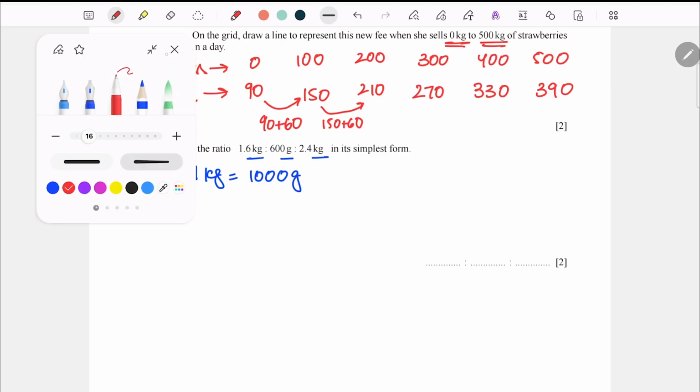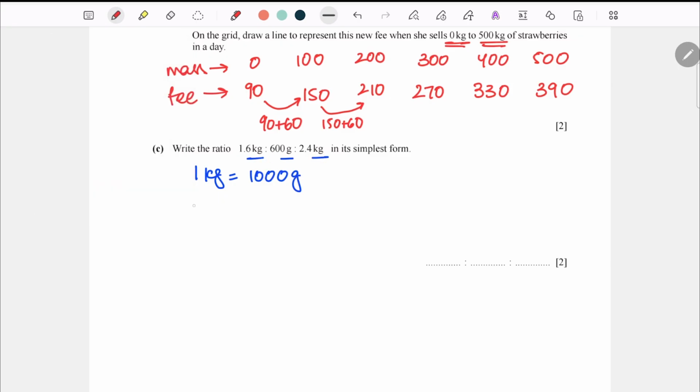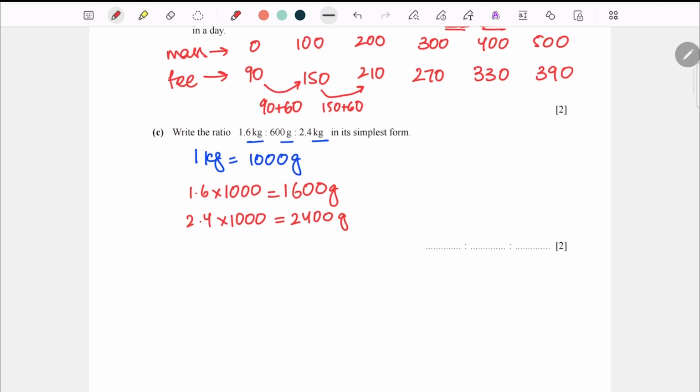So when I convert 1.6 kg into grams, I'll be doing 1.6 multiplied by 1000, and this is equal to 1600 grams. Same with 2.4. 2.4 kg times 1000 is equal to 2400 grams. So the final ratio will be 1600 to 600 to 2400.